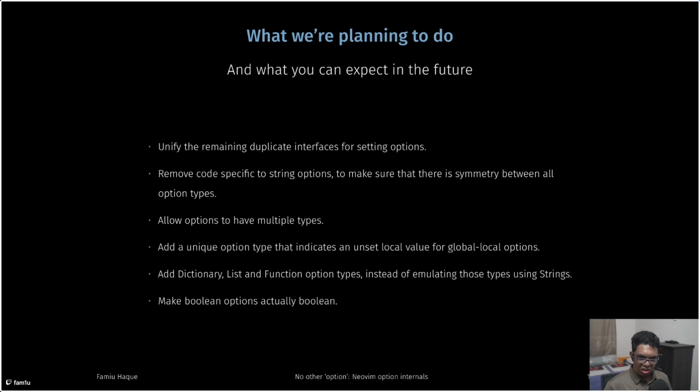So dict options will now be strings and dicts, so you can set them using both. So there won't be any major breaking changes, but you'll also be able to customize it better. And lastly, I want to make Boolean options actually Boolean. If we have an unset value, we don't need that third none state that we use. So Boolean options will actually be Boolean.